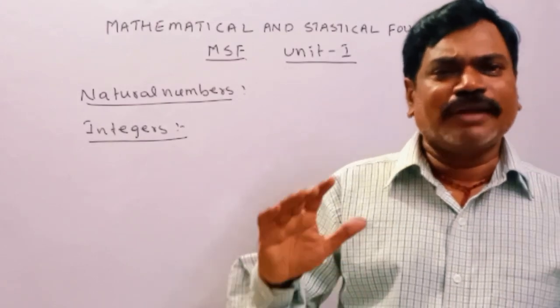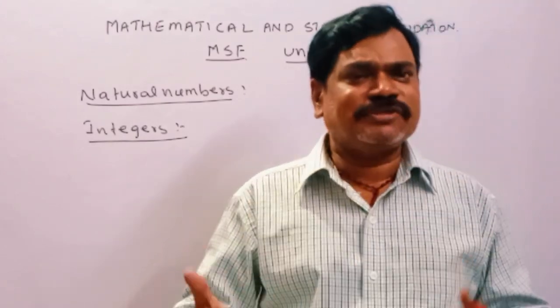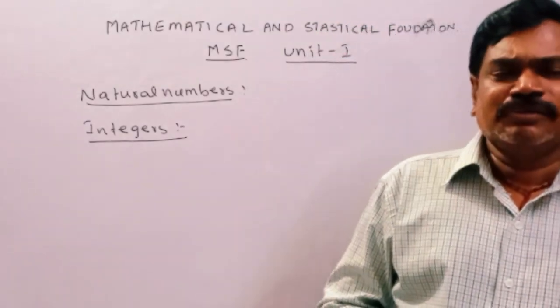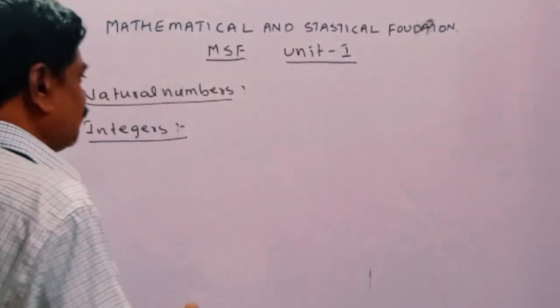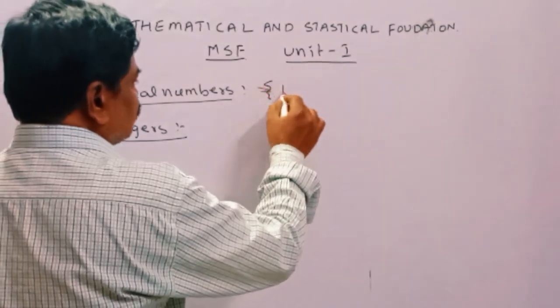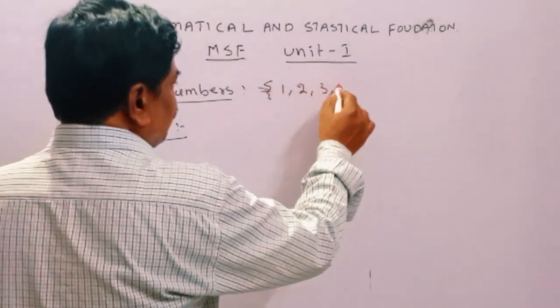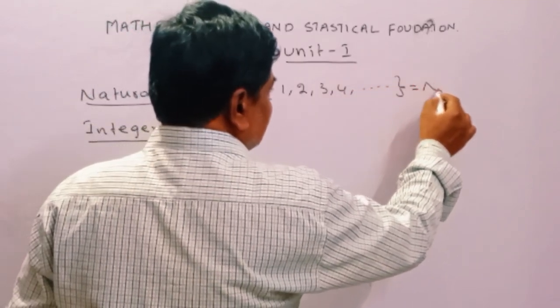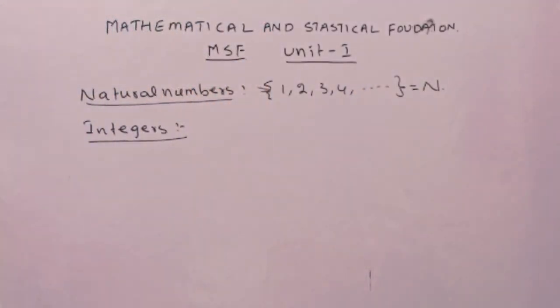These are the natural numbers, used for counting. Natural numbers start from 1 and go on infinitely. They are represented by N.